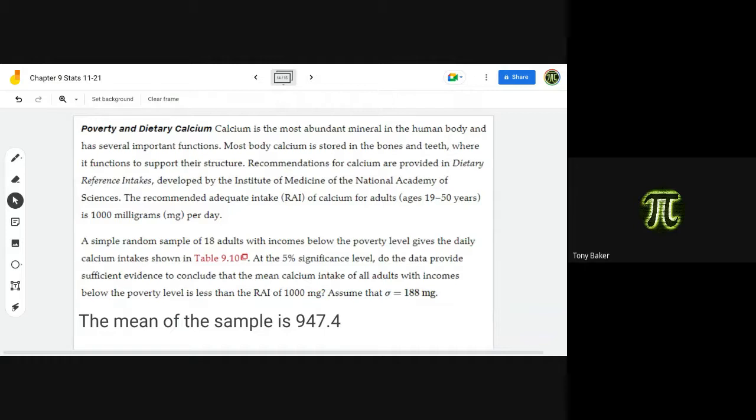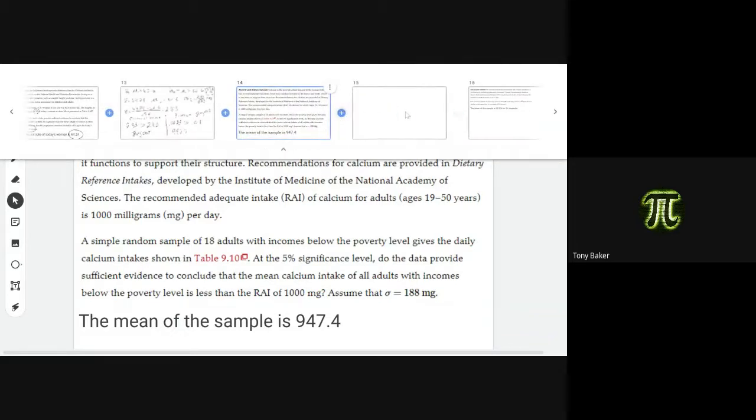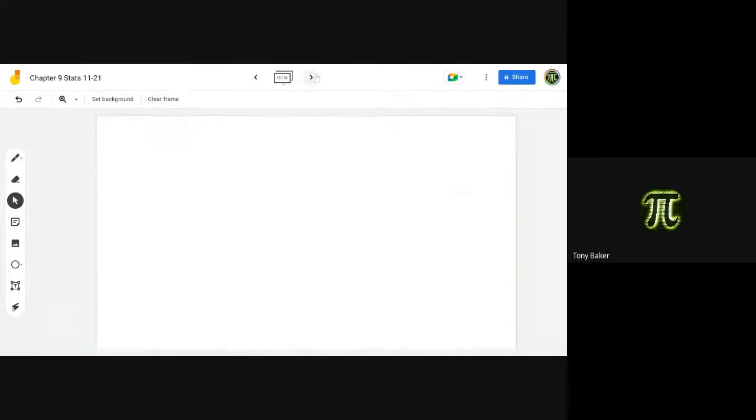It's also going to be on my website tomorrow morning. Maybe not tomorrow morning, but the answers will be up. Is it going to show the breakdown of the work? Yeah, that's how I do my answers. I literally just scan my work.